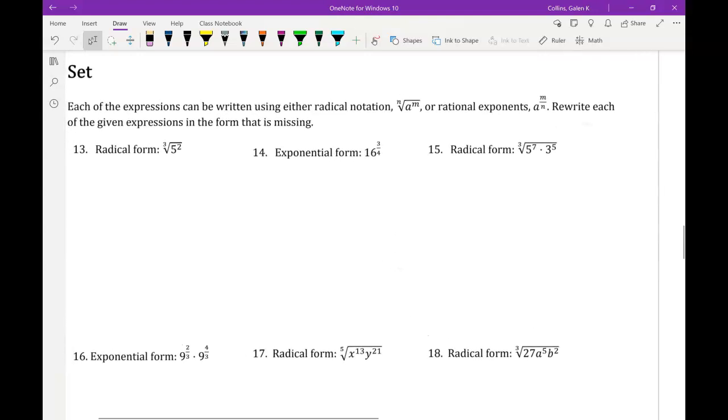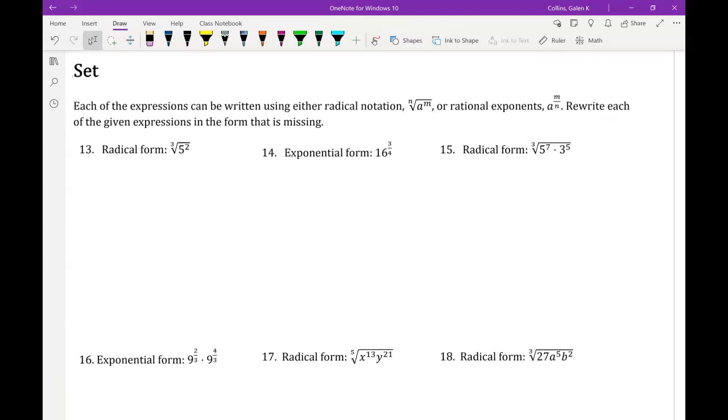So we've talked about this quite a bit in class, but if you look at this form, whatever number is here is going to become the numerator of our rational exponent, and then the index of our radical is the denominator.